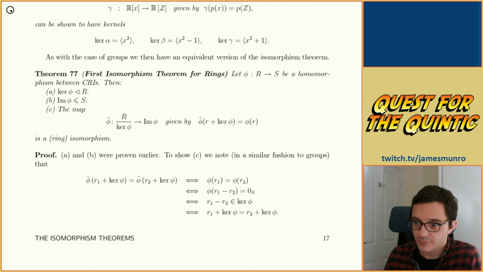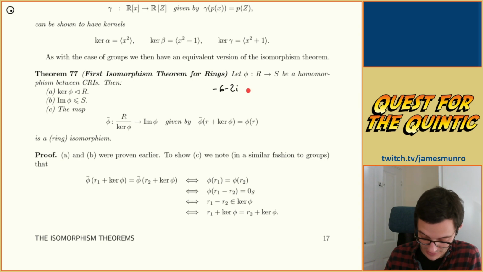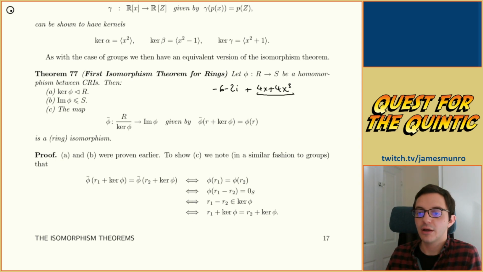onto the image given by, take me something from this coset. So take your element being minus 6 minus 2i plus 4x cubed, whatever it was. That's an element in the kernel, because when you... what's my phi?